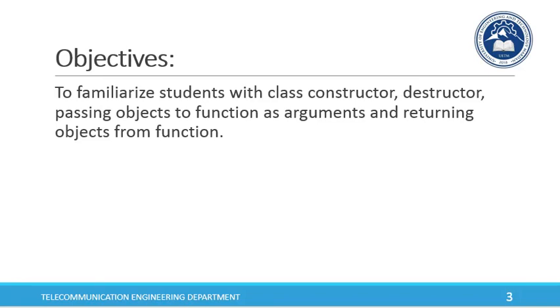The second part of the lab consists of passing objects to functions as arguments and returning objects from functions. This lab includes two codes. One code consists of the class constructor and destructor, while the other will show you how to pass objects to functions as arguments.